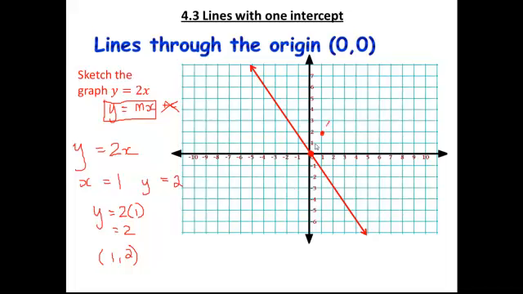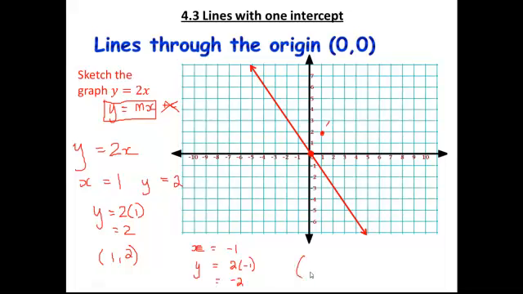Now you can do a third point if you want, just to be sure. You can already see that you could draw a straight line through those 2 points, but it is a good idea to do a third point just to be certain. So let's say, you can pick anything for x, whatever you want. Let's do x = -1 this time. If x = -1, then y is going to be 2 times -1, which gives me -2.